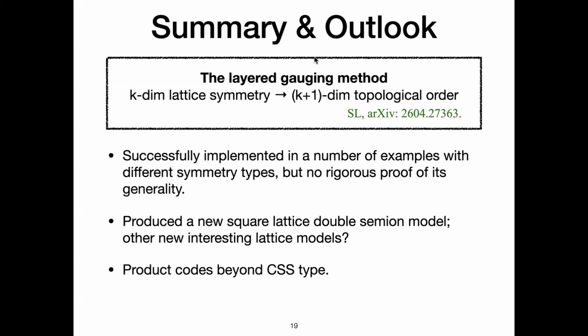Also, related to what I said in the previous slide, since this method can be regarded as some generalization of product constructions in error correcting codes, maybe one can consider whether this can be used to produce interesting quantum error correcting codes beyond the CSS type. I think Nat is already working in this direction, following their developments. Okay, thank you for your attention, and please ask other questions if you want.